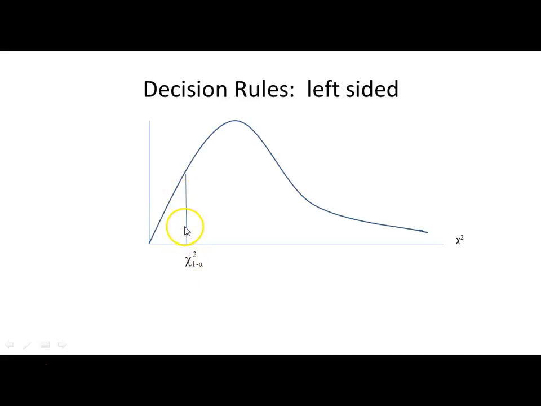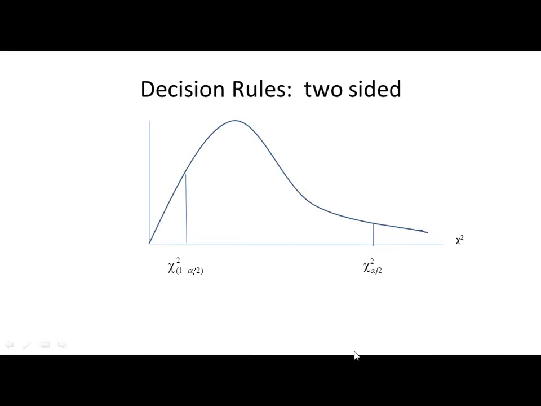But again, the table gives you the probability above this value, so you'd have to look in the chi-square table for the value that leaves a 1 minus alpha probability to the right of it. And if you had a two-sided test, we'd have to find both of these. Cut alpha in half, find the upper chi-square that leaves an alpha over 2 probability to the right of it, and find what I call the lower chi-square down here that leaves a 1 minus alpha over 2 probability to the right of it.